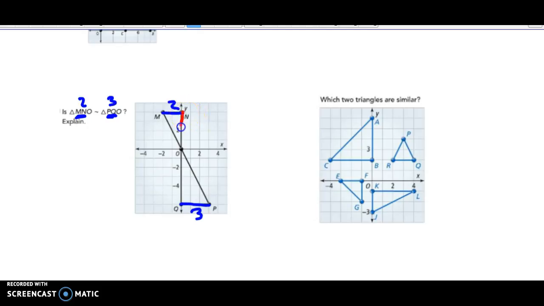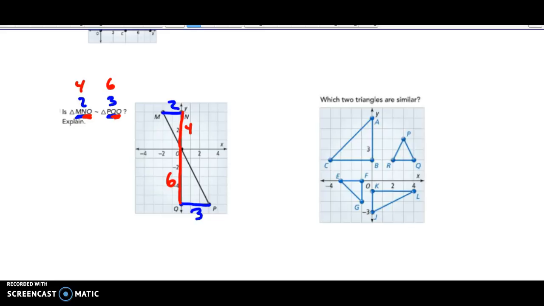Let's see if that works for the other side lengths. As I look at NO, now I'm comparing the last 2 letters, so I'm going to look at QO. NO is 1, 2, 3, 4 units long, and QO is 6 units long, right? So this is a 4-to-6 ratio, which would reduce to 2-to-3.